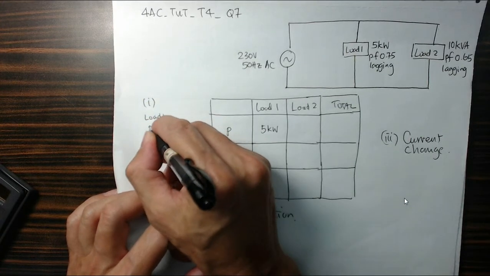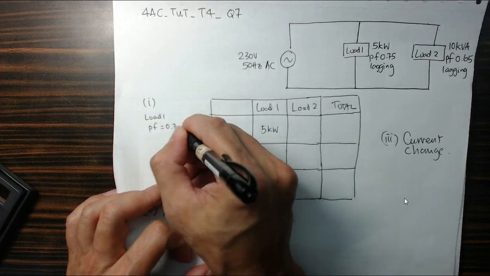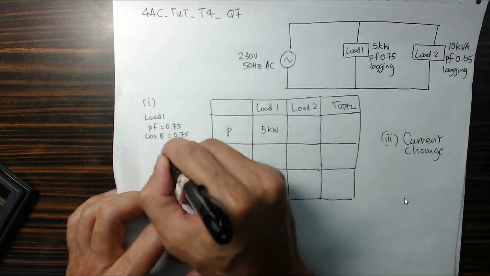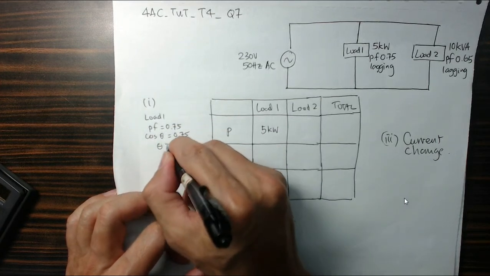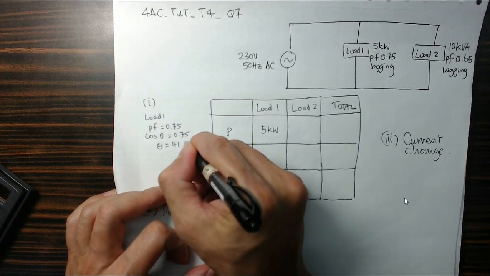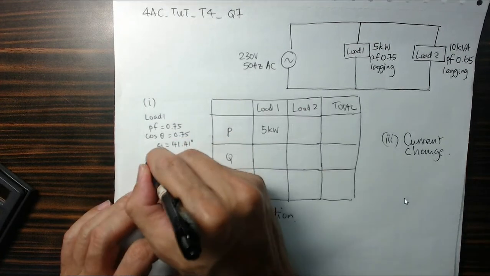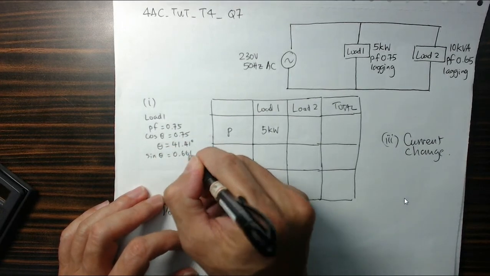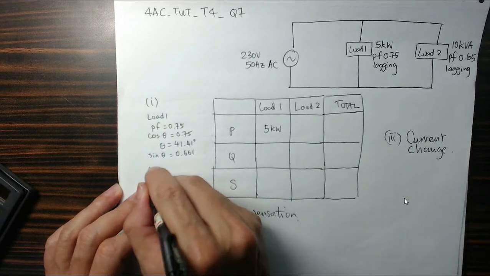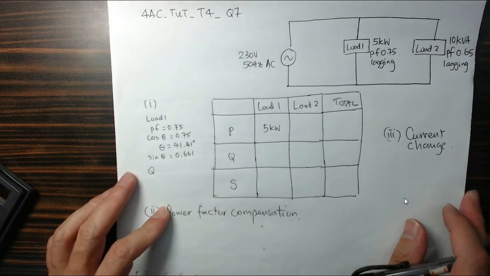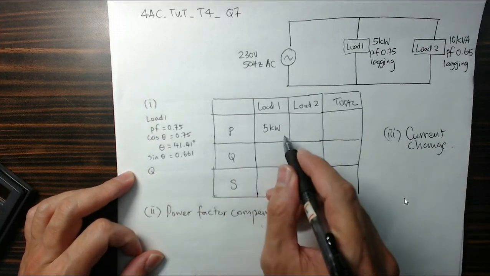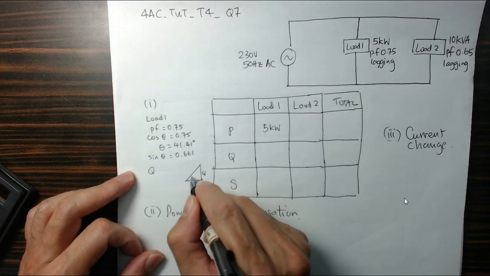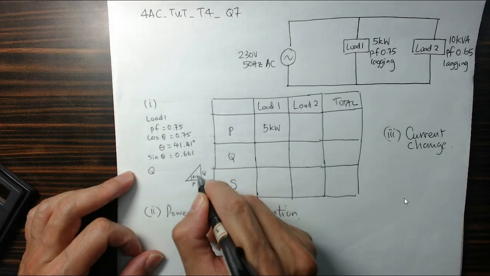So for load 1, I know the power factor is 0.75, which means the cosine of the angle is 0.75, or the angle is 41.41 degrees. Hence, the sine of the angle, sine theta, will be 0.661. To calculate Q, I can make use of the right angle triangle. I know Q is here, P is here, and this is 41.41 degrees.